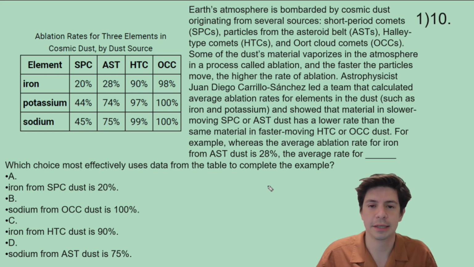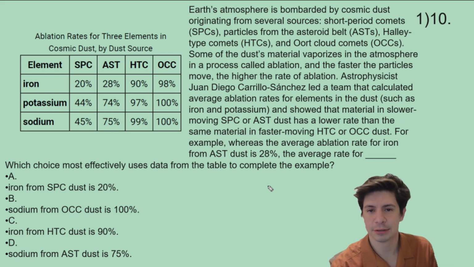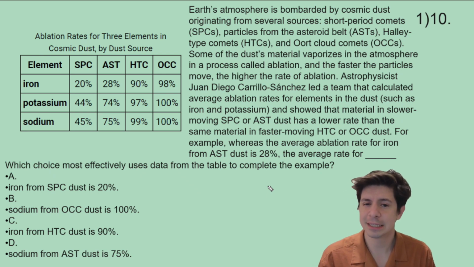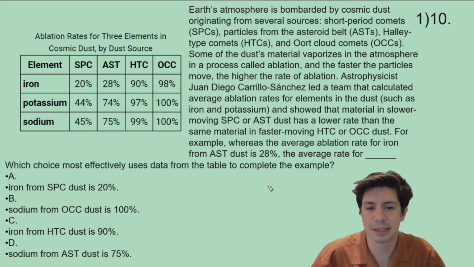Astrophysicist Juan Diego Carrillo Sanchez led a team that calculated average ablation rates for elements in the dust, such as iron and potassium, and showed the material in slower moving SPC or AST dust has a lower rate than the same material in faster moving HTC or OCC dust.